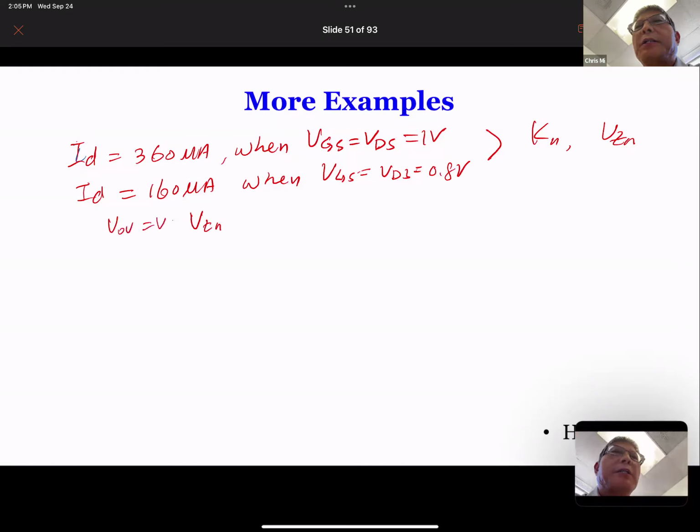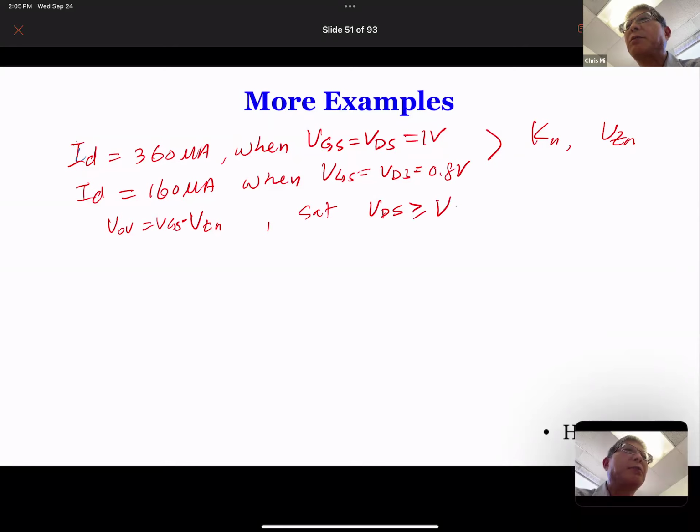VOV is VGS minus VTN. And the condition to be in saturation mode means that VDS has to be larger than VGS minus VTN, which is the same as VOV.